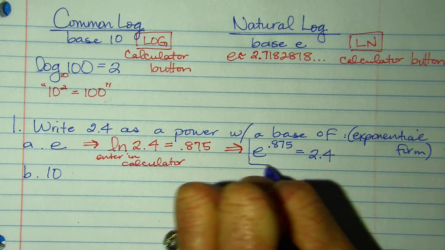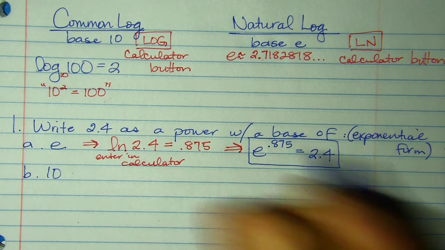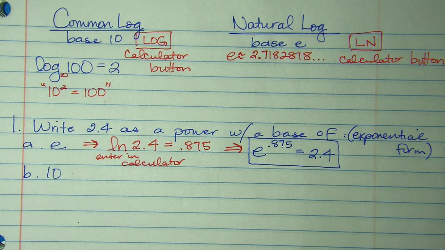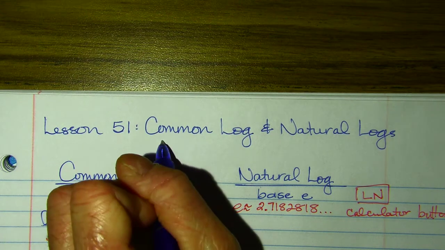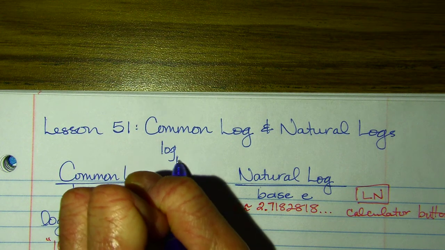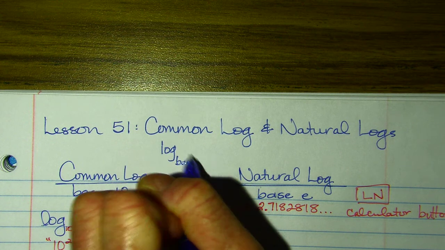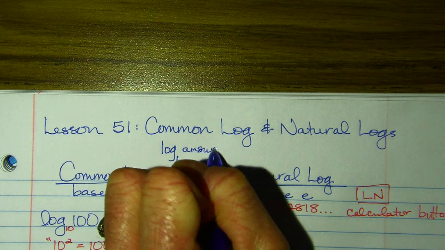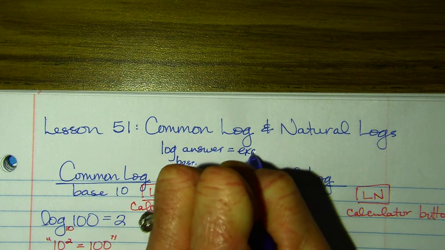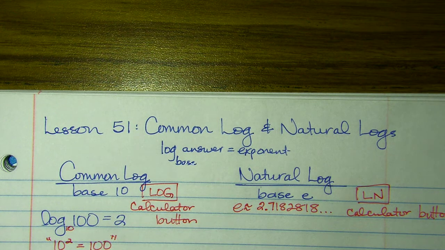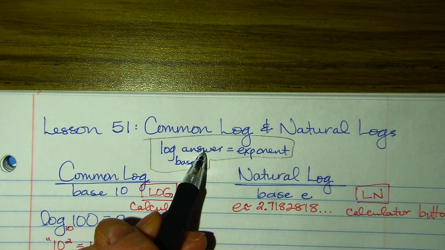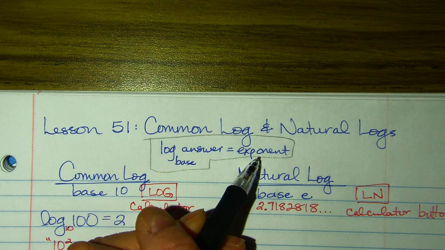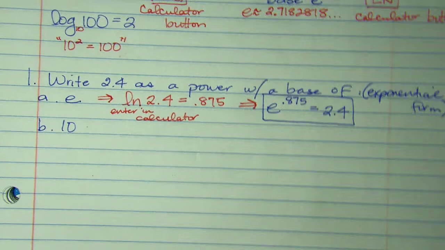That is the answer to part A. Okay, so we use our calculator to find, remember, in a log, if I write log, it goes base answer equals your exponent. So that is why when I use my calculator, I'm entering the answer, and the calculator is telling me the exponent or the power. So that is why I used those buttons.